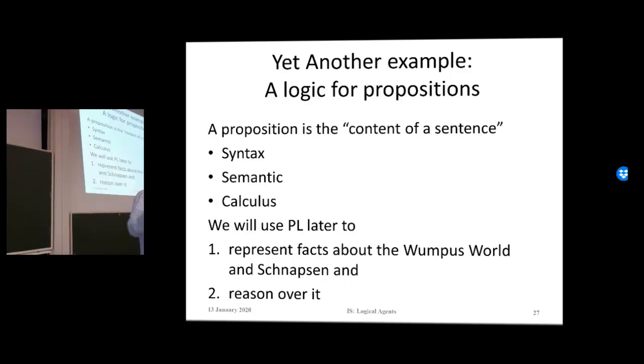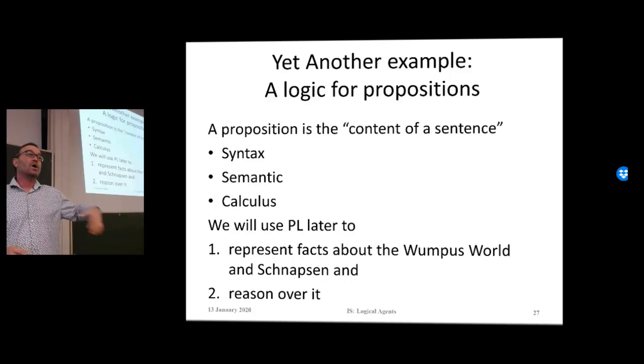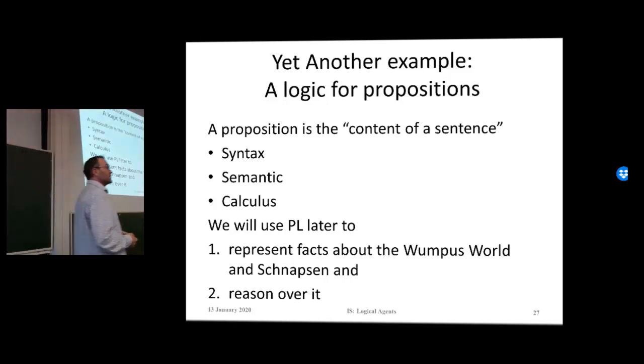The intended semantics of all the statements that we're talking about here in this language are true or false. And as you can imagine, that is in practice very often not the right thing to do, but in many examples it is. So let's see how this works for these kinds of games such as Schnapsen or the Wumpus world, and that's sort of the goal of this second half of the lecture.